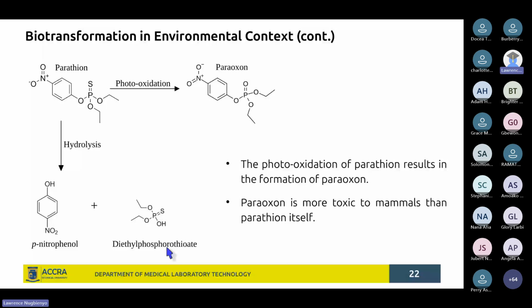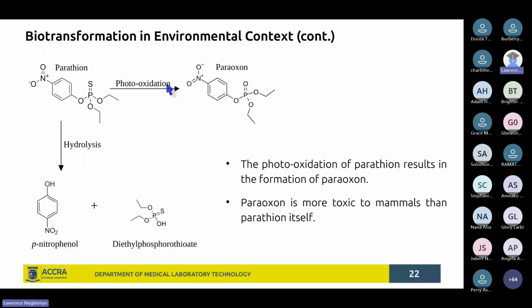So that is also another hydrolytic reaction which is occurring there. And then at the same time, you are just having the nitro group there. So you have a para-nitrophenol. So in place of that whole group, which is cleaved off, you just have a hydroxyl group there. So that's a hydrolysis. And then the horizontal pathway is giving you a photooxidation.